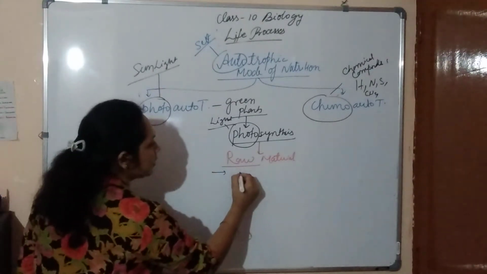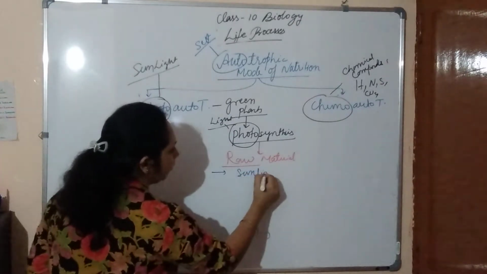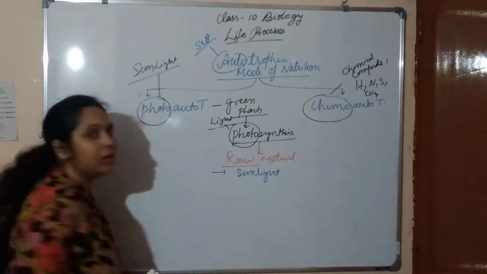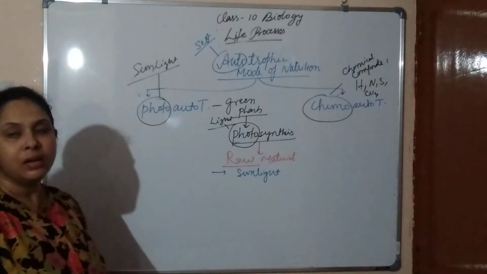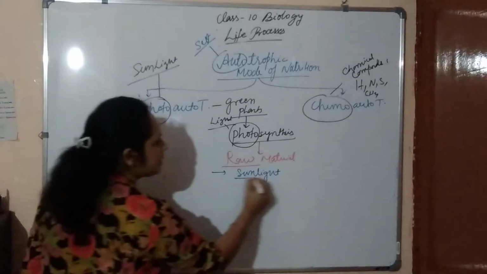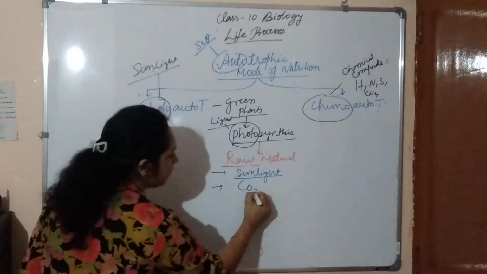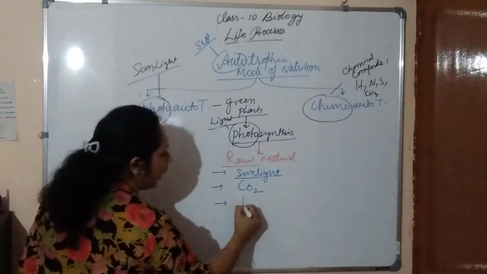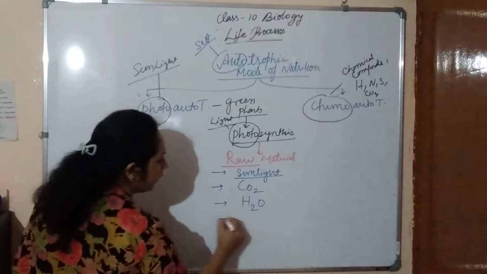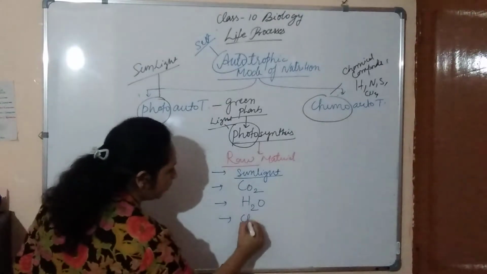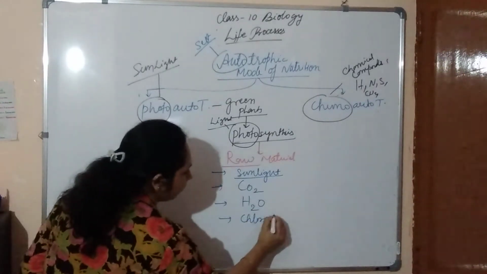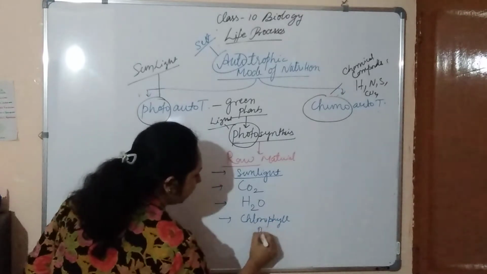First, they require sunlight, because it is a photo-driven reaction. Then they require carbon dioxide, water, and chlorophyll pigment.